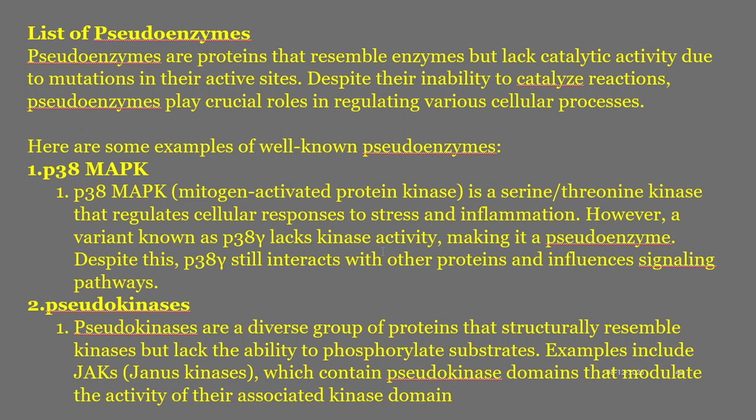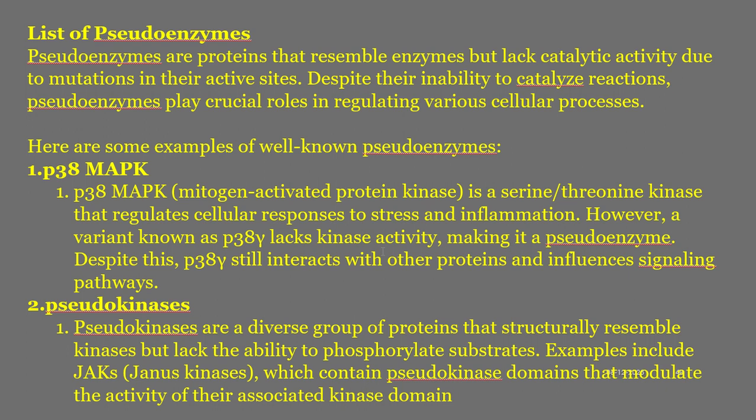These pseudoenzymes play a crucial role in regulating various cellular processes. Here is an example you have to remember. P38 MAP kinase, the full form being mitogen activated protein kinase, is a serine or threonine kinase. Serine and threonine are the two amino acids, and kinase is the enzyme.